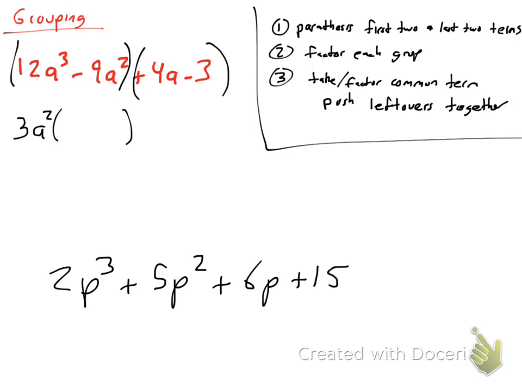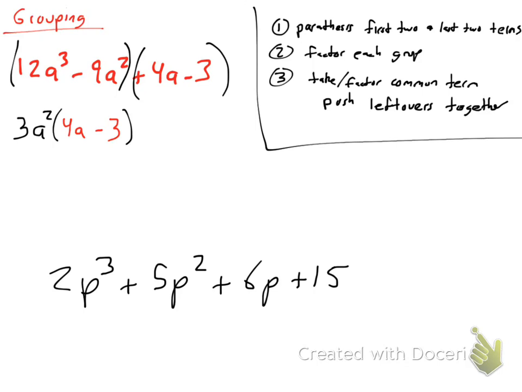If I do take that, we could work out that 12 divided by 3 is 4, and a cubed divided by a squared is a, and then the last group, take 3 and minus 3, a squareds are gone.